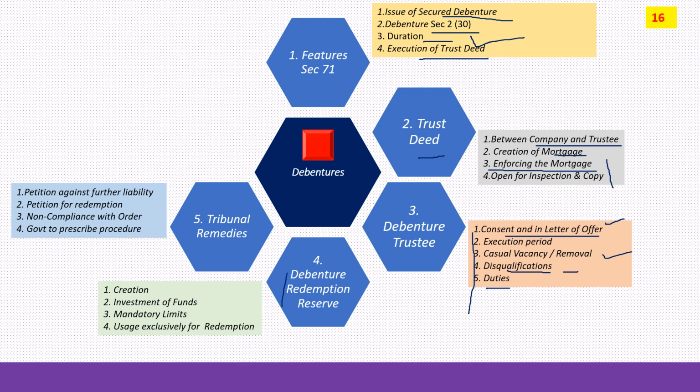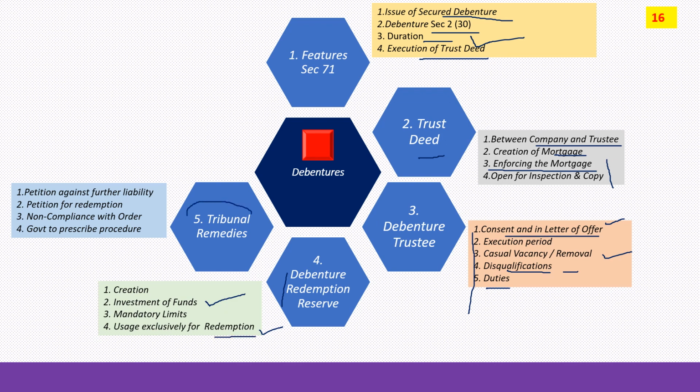Debenture redemption reserve is 15% of the debentures falling due during the year ending 31st March, and their investment in liquid assets in scheduled banks is to earn reasonable return and keep it safe for redemption. And the amount has to be available for redemption and it should not be used for any other purpose.